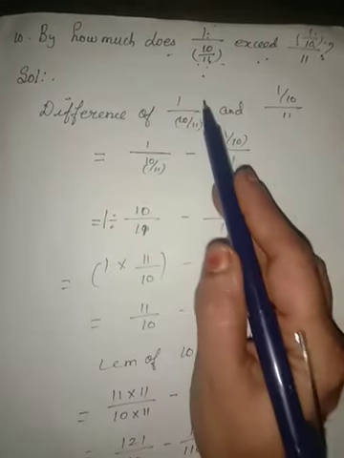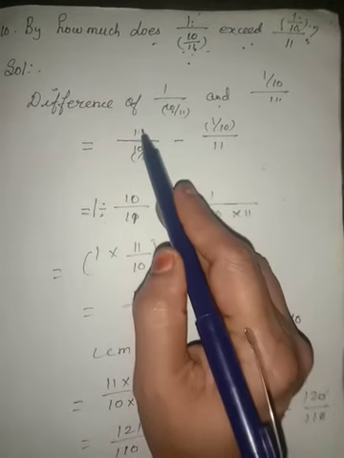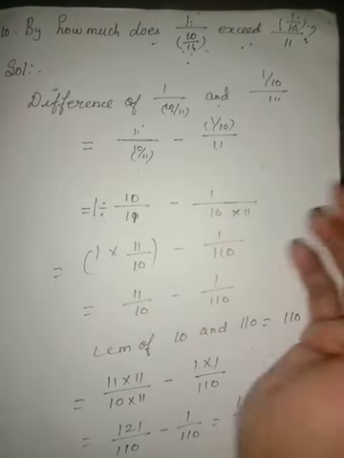So the difference of the first number and the second number is equal to 1 by (10 by 11) minus (1 by 10) divided by 11.